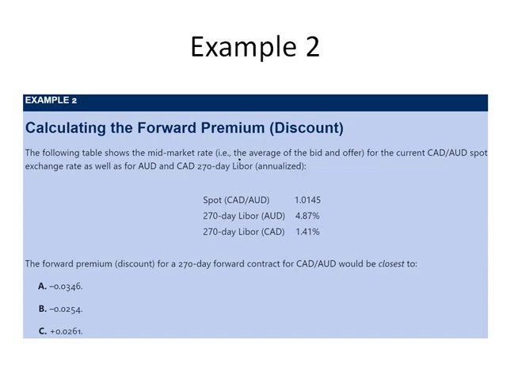Sometimes people get confused because whenever we talk about the exchange rate, they ask: are we talking about the bid rate or the ask rate? So they made it clear that we are talking about the average of the bid and ask rate, for the current CAD AUD spot exchange rate as well as the AUD and CAD 270-day LIBOR rate.